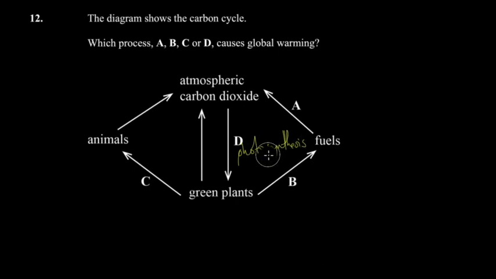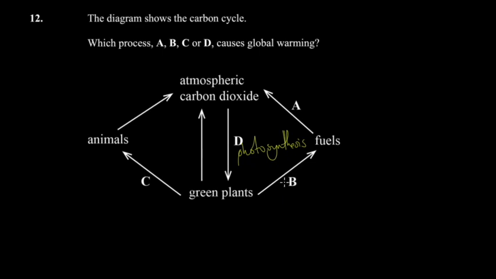So this is photosynthesis. This doesn't cause global warming. It's actually desirable. That's why we encourage people to plant trees. If you're interested, we encourage you to plant at least 1 tree in a month. That really goes a long way. Also here, green plants to fuels.